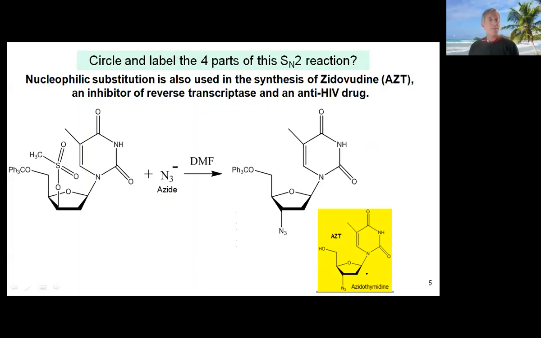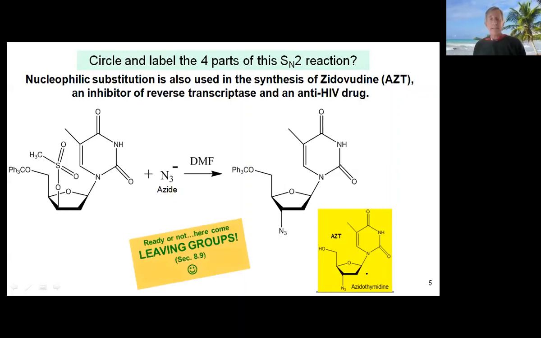What I'd be curious to know is if you can label all four parts of this SN2 reaction. And we'll start with leaving groups next time. Can you draw the structure of whatever the leaving group product is? What do I make over here? What has fallen off? Because that leaving group is completely weird and new. We've never seen it before.